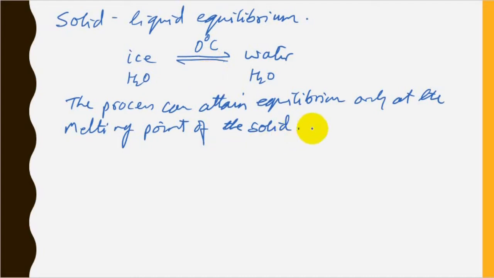Okay, so the melting point of the solid, and again the pressure plays a very important role, at normal pressure, because if the pressure changes, the melting point also changes. Clear?